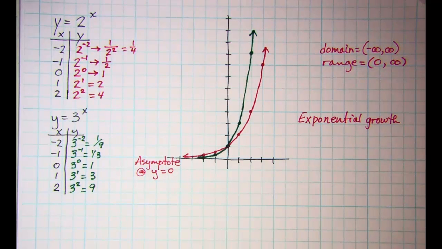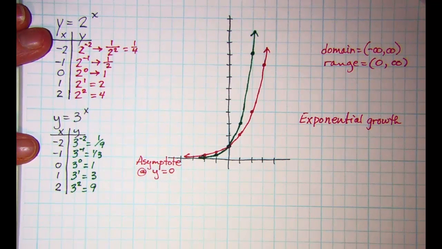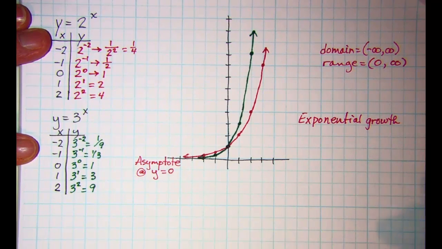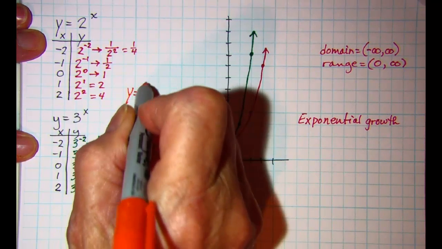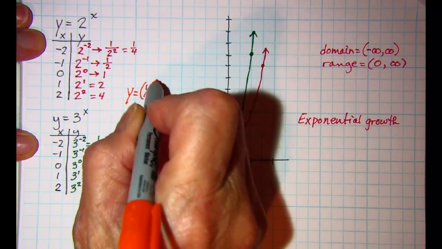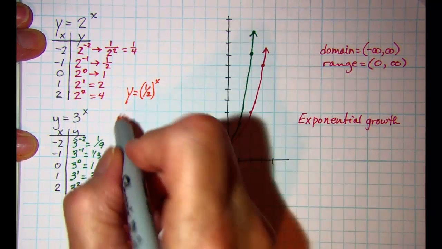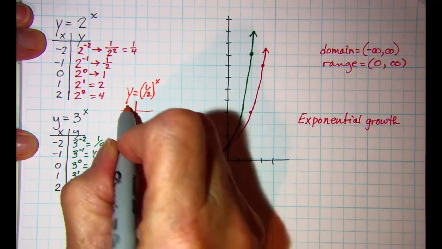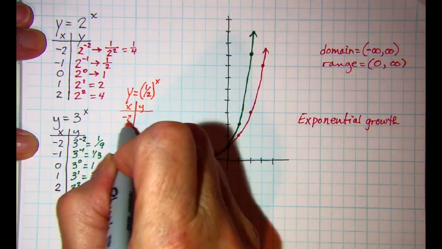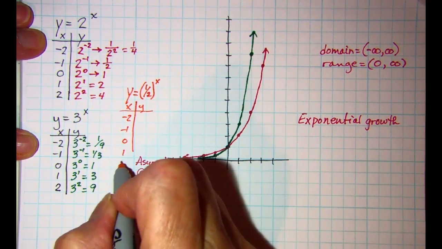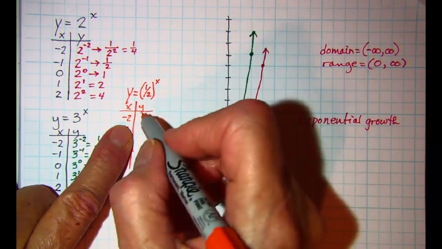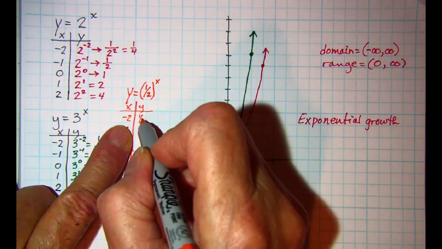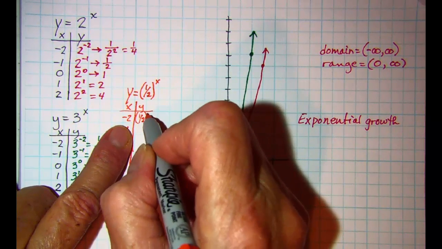Now I'd also like to look at y equals 1/2 raised to the x power. We put that right here. Y equals 1/2 to the x. When x is -2, we have 1/2 to the -2 power.